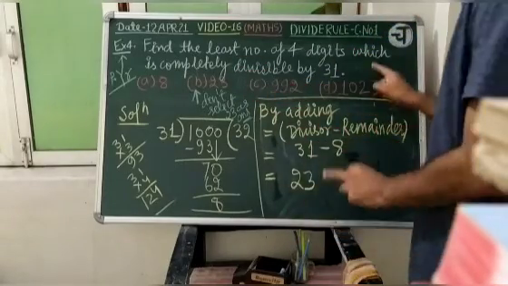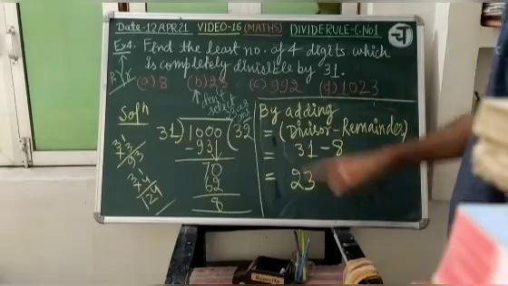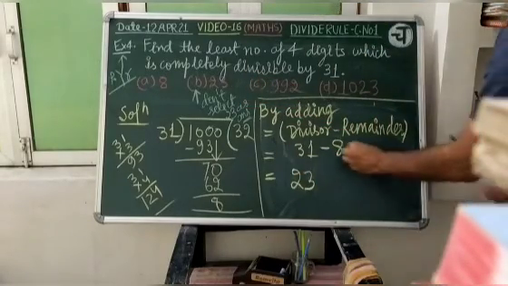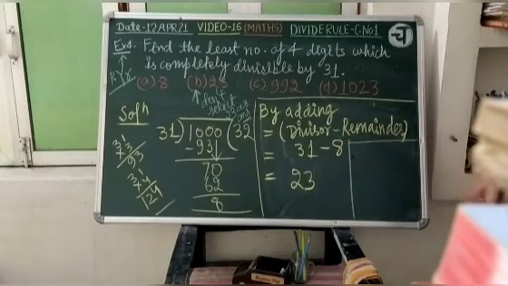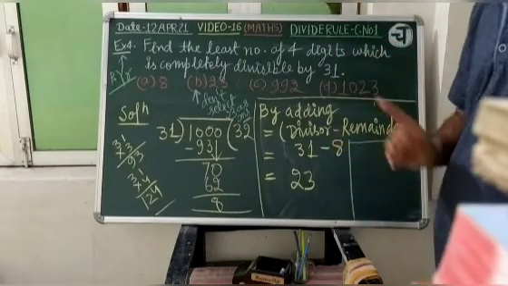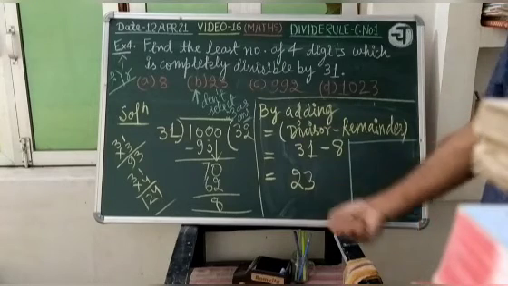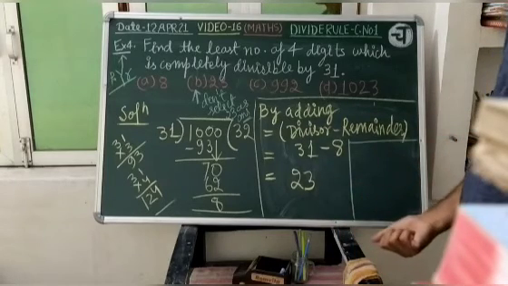Please read the problem carefully. 23 will not be your answer. In the previous example, the question was asking you to find the adding number or subtracting number.